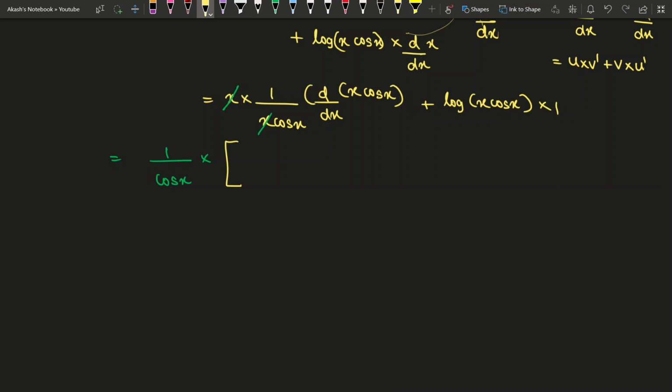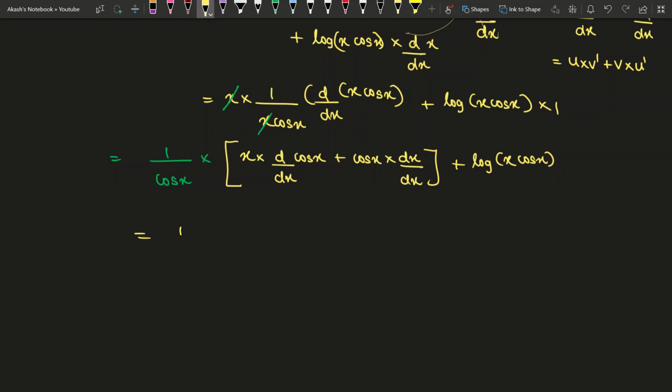See, derivative of x cos x is also two functions, x and cos x. So you need to again apply the product rule, such that first function, that is x, into d by dx of cos x, plus second function into derivative of the first function, plus logarithm of x cos x. So what will you get?